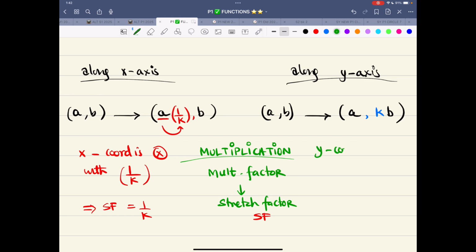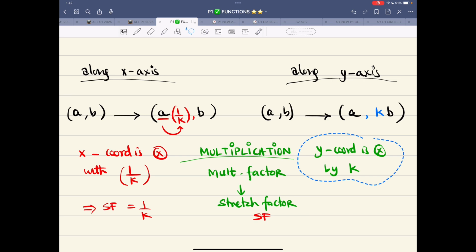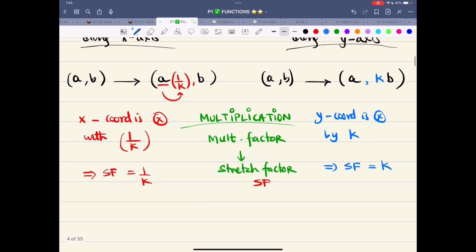The y coordinate is multiplied by k, and let me change the color because I'm just working in blue color for this thing. So let me change it to blue. So over here, this scale factor, stretch factor, this is k.